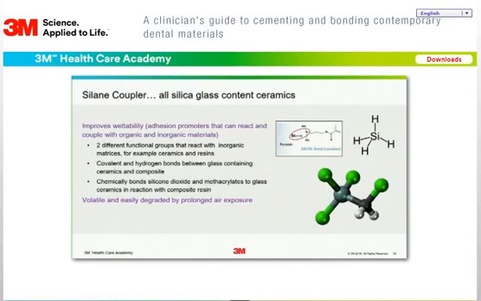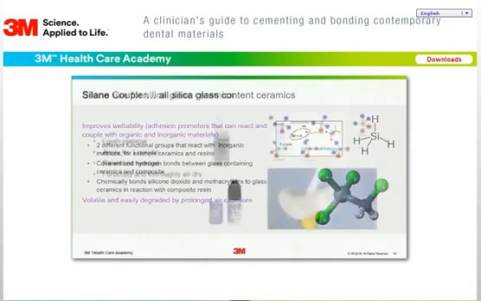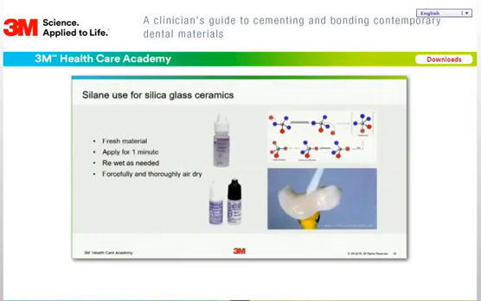So silane is what we need for the glass ceramics, and typically in the past, the silane had to be used as follows. The silane would be applied, fresh silane or a 2-bottle product if you want to absolutely assure that your product is going to be fresh. It should be left on the intaglio of the restoration for a period of 1 minute and always in a wet state, reapply as necessary, and then forcefully air dry the product.